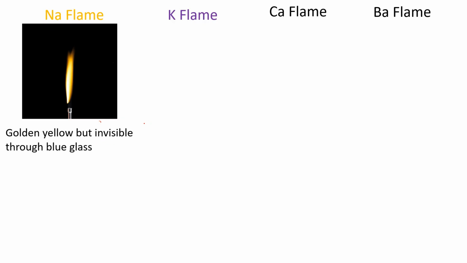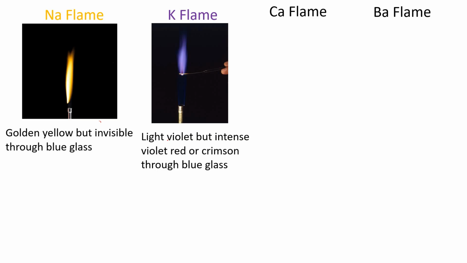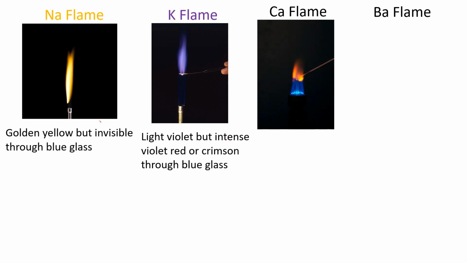Okay. Similarly, now you see the potassium flame. The potassium flame is light violet, but intense violet, red or crimson through the blue glass. Now coming to the calcium flame, which is very commonly seen in the laboratory. It is a transient brick red colored flame, but light green through blue glass.